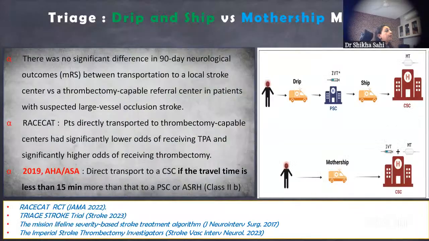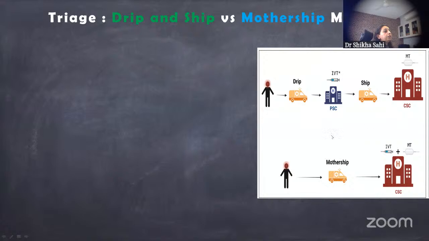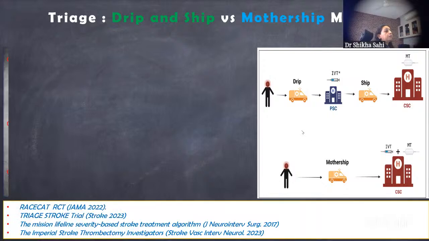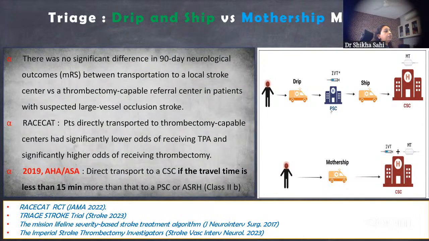Once the EMS has recognized a stroke patient, there are two models. Either they shift the patient to the nearest center where the patient can be thrombolized, and then the patient, if having a large vessel occlusion, can be shifted to the thrombectomy capable center. This is the drip and ship model.